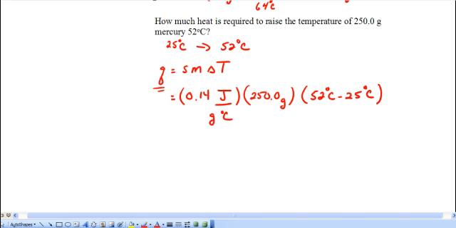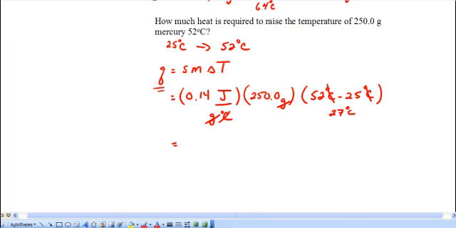And now notice that first of all the grams divide out top and bottom. The degrees Celsius also divides out top and bottom. And so therefore 0.14 times 250 times the change in temperature, which appears to be, what, 27? If you take 52 minus the 25, that would be 27 degrees Celsius.